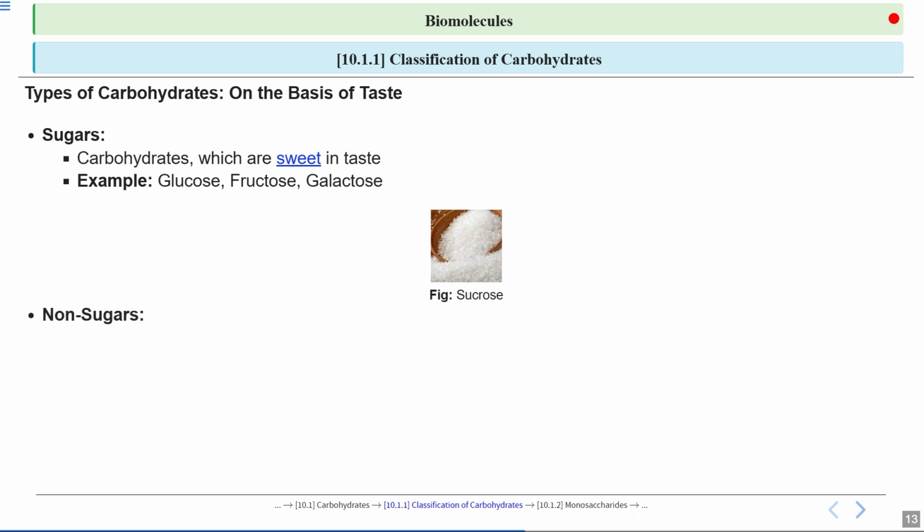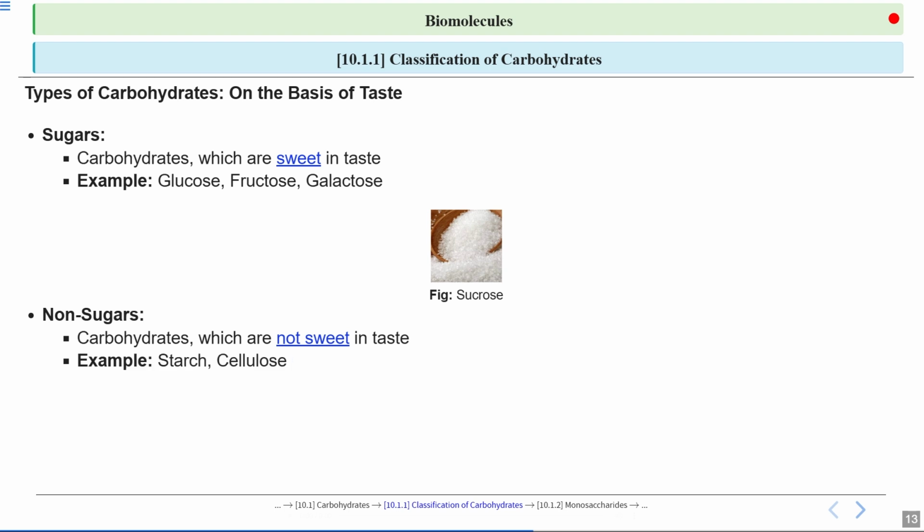Next, we'll talk about non-sugars. These are carbohydrates that do not taste sweet. This is an important distinction because not all carbohydrates are sugars. Even though we often use the word carbs to mean sugar, you need to remember that not all carbohydrates are sugar.